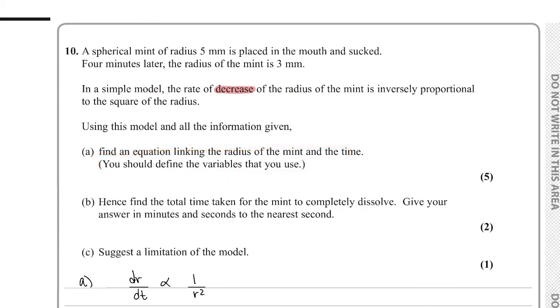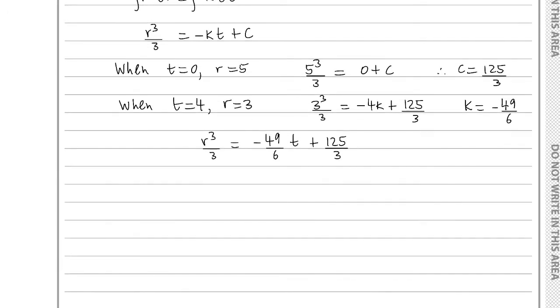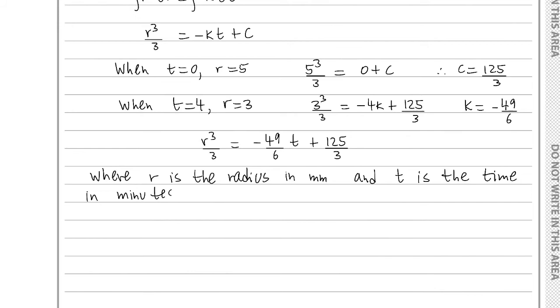R and T are being proposed by us, so we can say that where R is the radius in millimeters and T is the time in minutes after the meat is placed in the mouth.